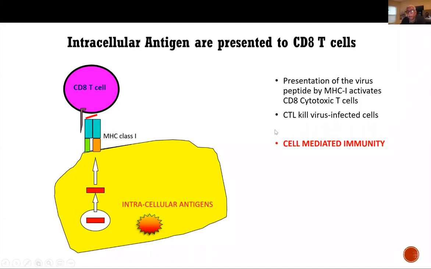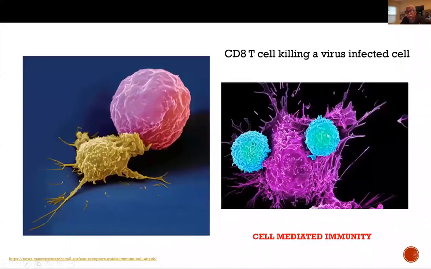These CD8 T cells differentiate and become cytotoxic lymphocytes, CTL, which manifest the cell-mediated immune response. And this is what a CD8 T cell looks like. This is a T cell which can kill a virally infected cell by that recognition molecule that I mentioned. These are just scanning electron micrographs of a T cell killing a target cell.